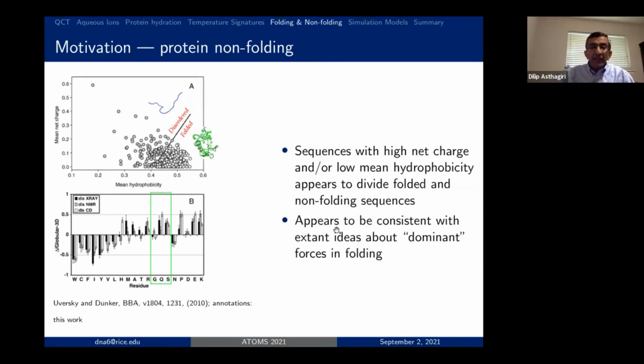This was a fairly dramatic and groundbreaking discovery that there are protein sequences that do not fold, that are intrinsically disordered.